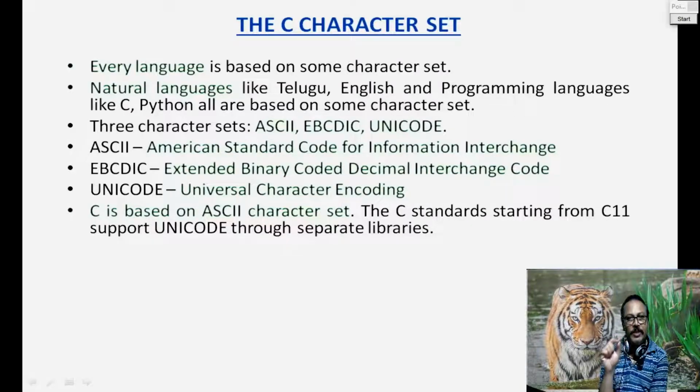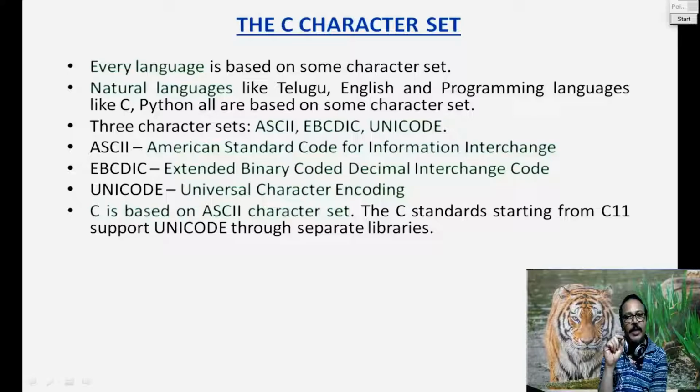Every language is based on some character set. Natural languages like Telugu, English, and programming languages like C, Python, etc. are all based on some character set, but the character set may be different. For programming languages, there are three types of character sets: ASCII, EBCDIC, and Unicode.